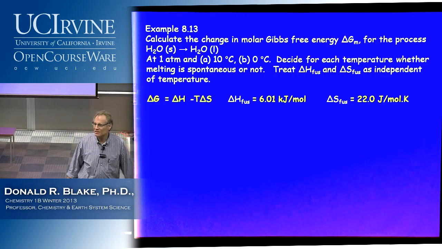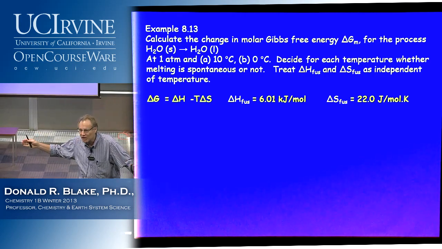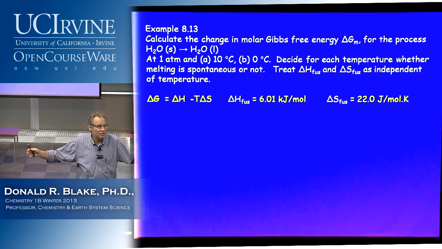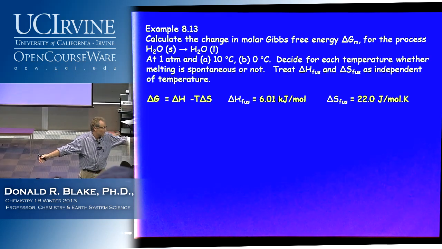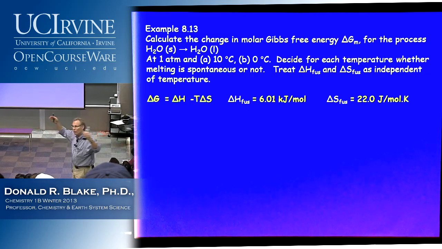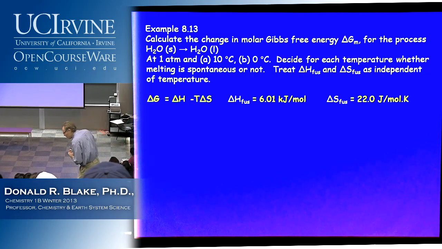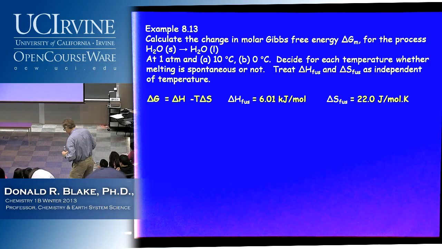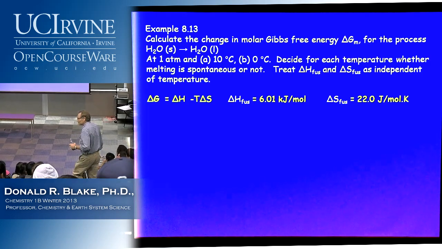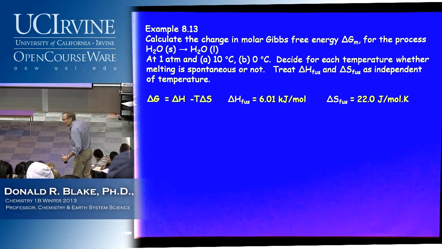He says 0. Remember phase changes. At phase changes, delta G is equal to 0. So at 373 and at 273, now you're going to get a little value.